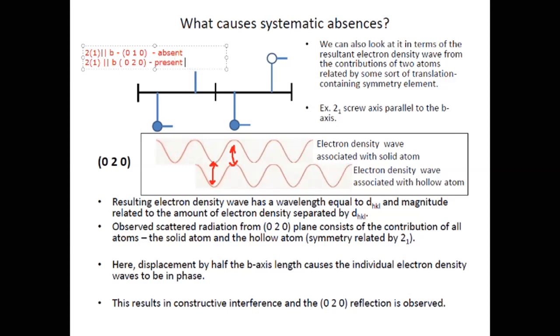So this is even, this is odd. And so what we can summarize is we can in general say that the 0, K, 0 reflection indices that are odd are absent.